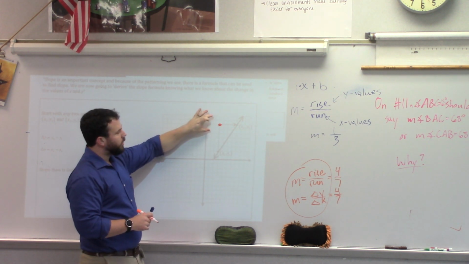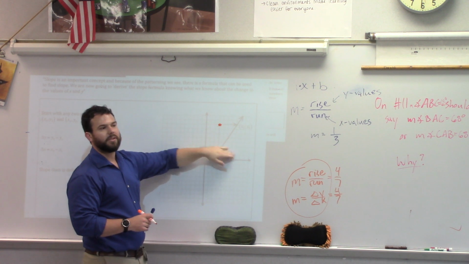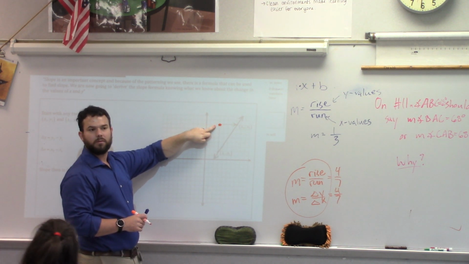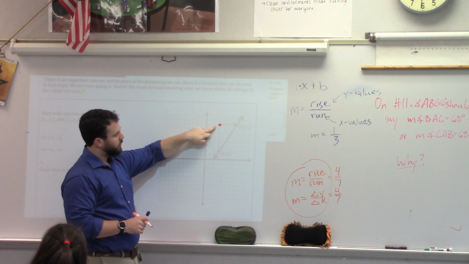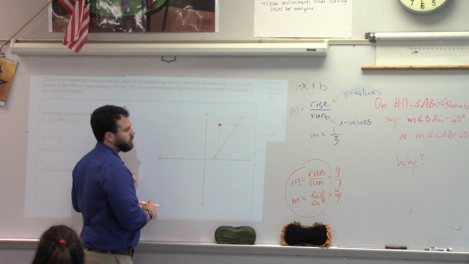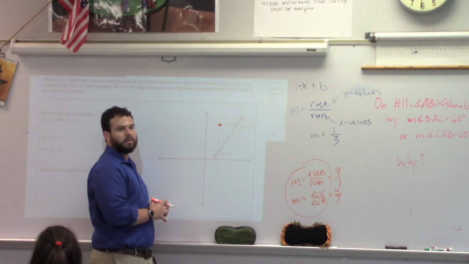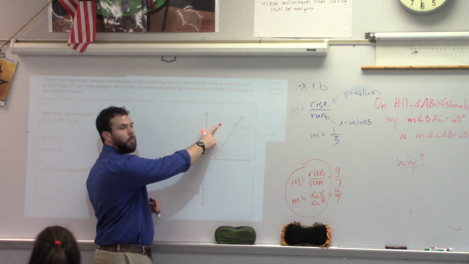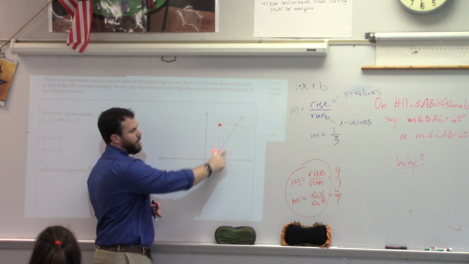I want y'all to look up here though, thinking about these points. Anyone know what the coordinates of this point would be? Think about it in respect to this. It's not a 3. Is it a number? Nope, it's a variable. Does this point have the same x as this point or this point?